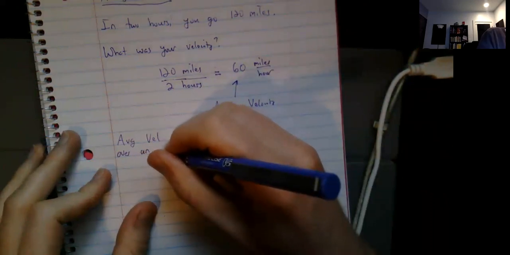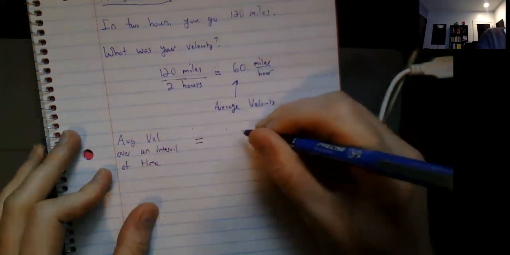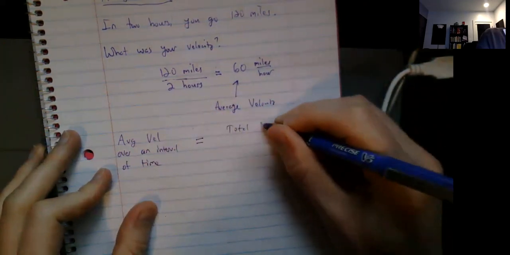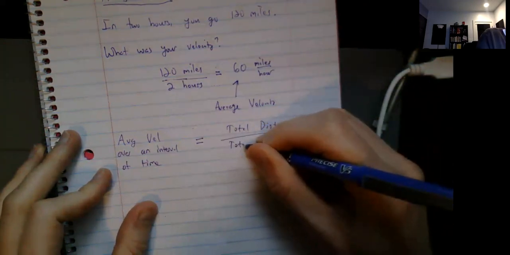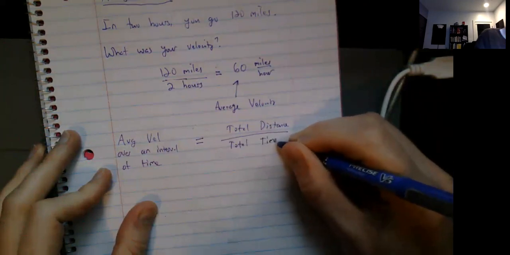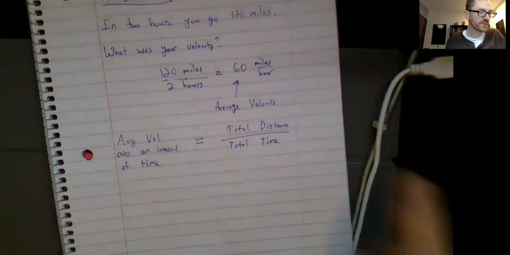So average velocity over an interval of time, of course, is just the total distance that you went divided by the total amount of time that it took you to go that distance. Okay, that's what we just computed here.